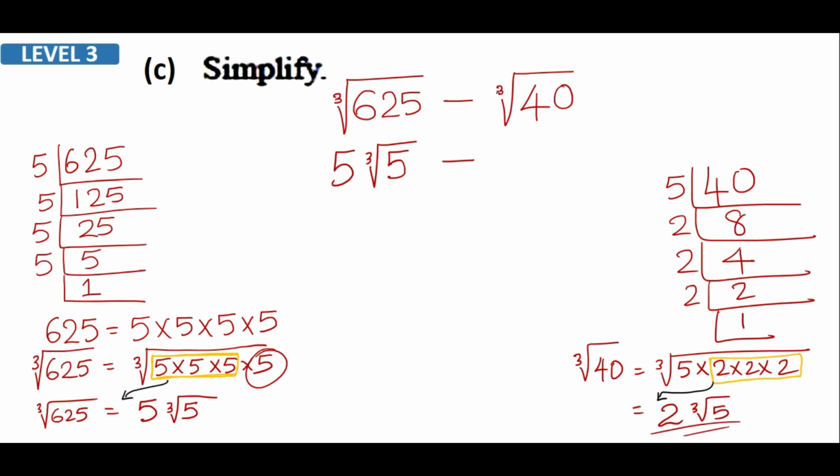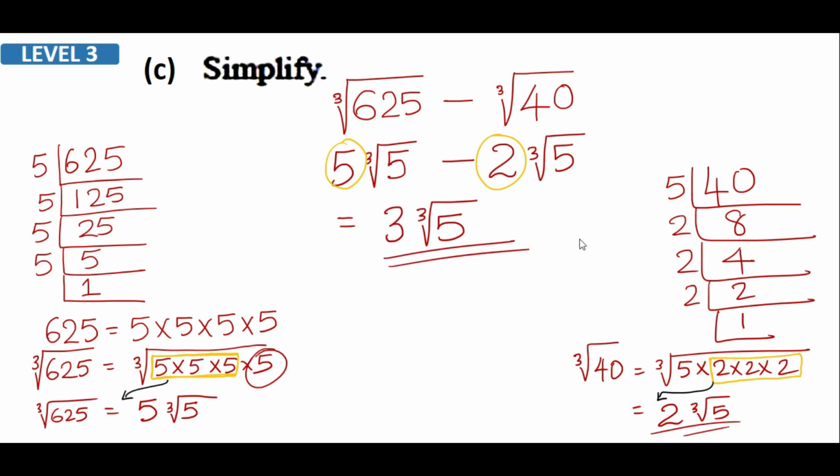Minus, I will replace this cube root of 40 with 2 cube root of 5. So for my final answer, I have cube root of 5 here and cube root of 5 here, so that remains, and the coefficients are 5 and minus 2, so that's going to give me a 3. This is the final answer.